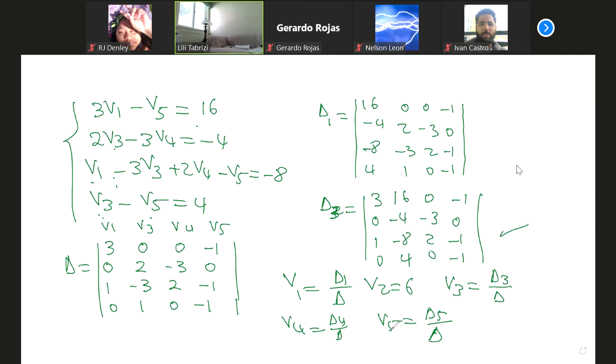Okay, let's do the setup for mesh. I have to draw the original circuit again.